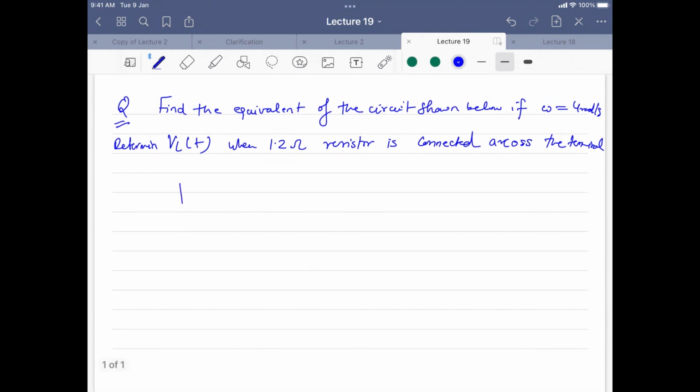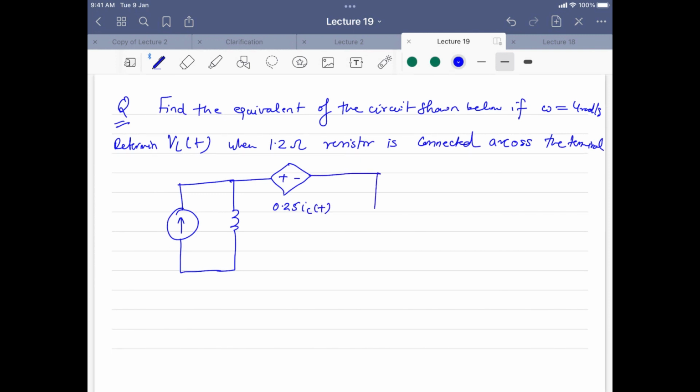So let us say you have this circuit here, plus minus, then you have 0.25 ICT, capacitor, like this.